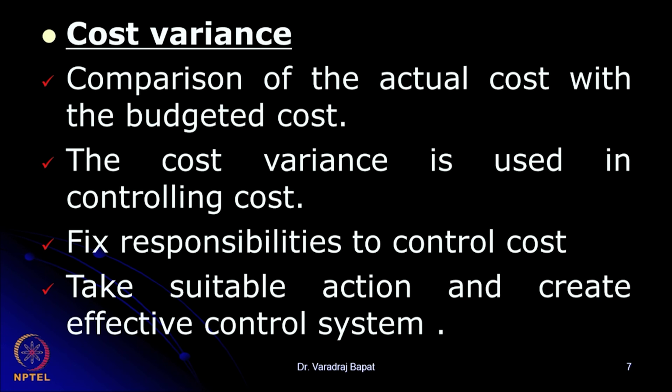Now the actual is compared with the budget or the standard cost, and the cost variance is calculated. Then we break down the variances and fix the responsibility for controlling the costs. If the variance is more than what is desired, suitable action will be taken so that such instances of deviation are not repeated, and if required, one may go for resetting the standard based on the feedback from the actual cost.